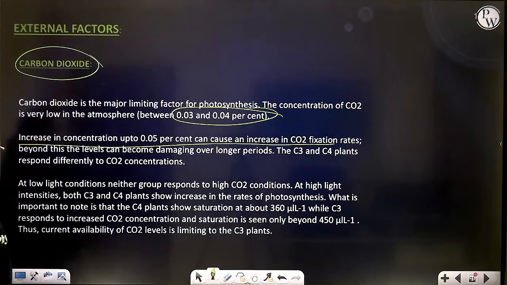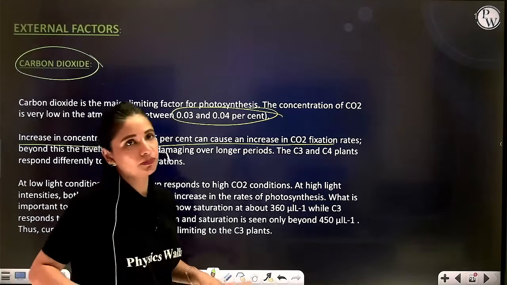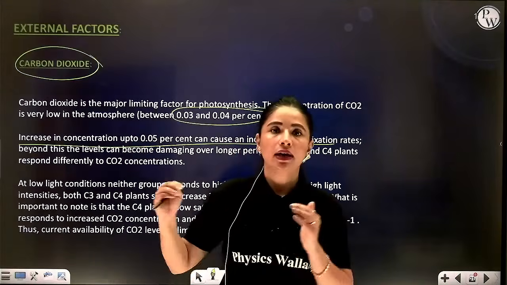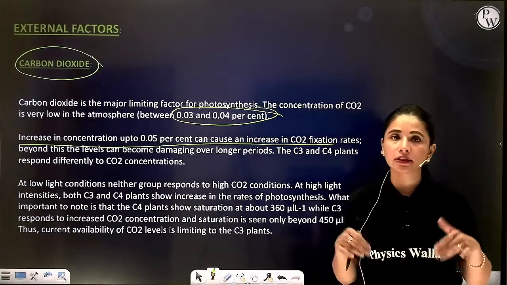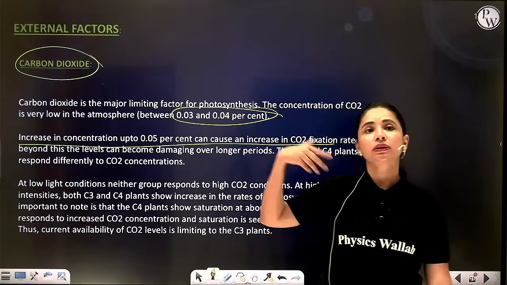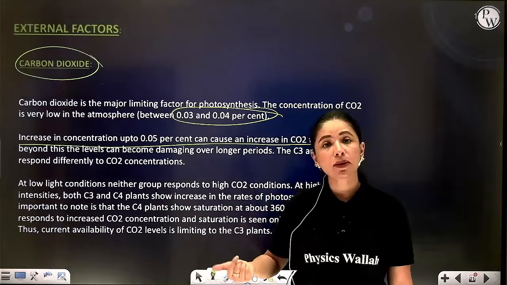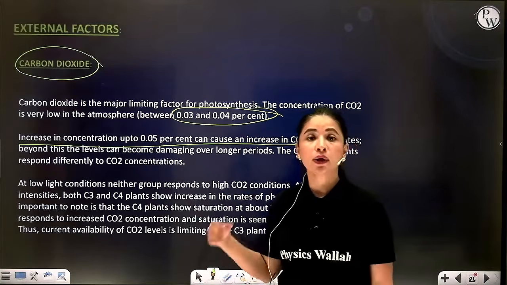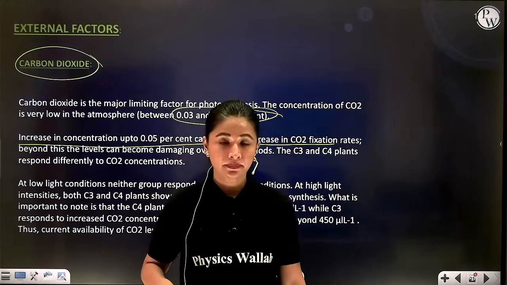Right? However, now you have studied two groups of plants, C3 and C4. Now in C3, what is there? They do not have an internal CO2 concentration mechanism. They completely depend upon the external atmosphere for CO2. But if I talk about C4, as you have seen, they show an internal CO2 concentration mechanism. Correct?